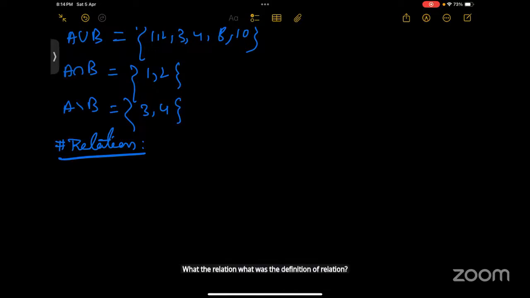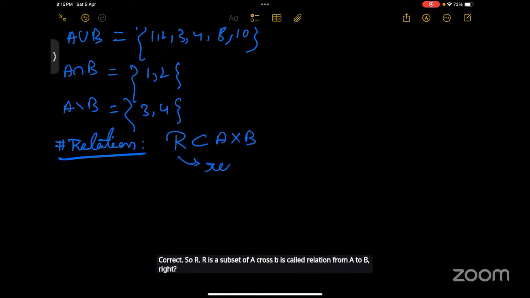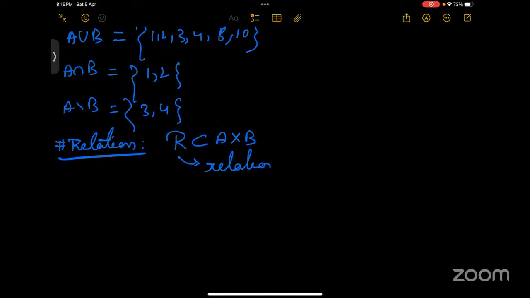Subset of the Cartesian product. Correct. So R is a subset of A cross B is called a relation from A to B, right?